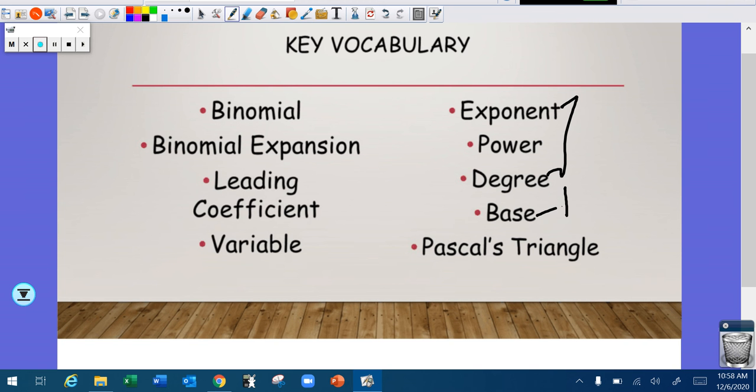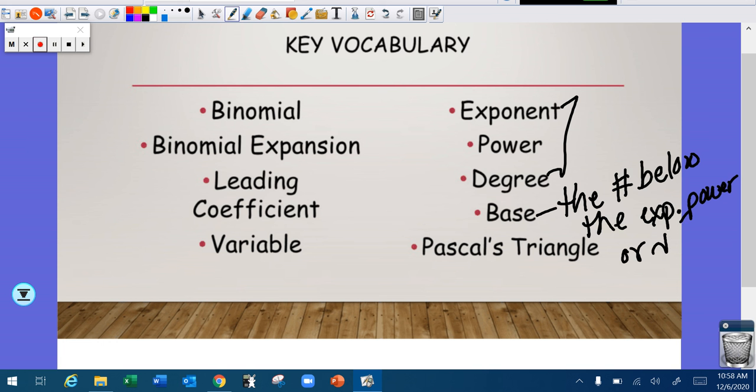The base, we went over in another class. Let me say it this way for you. It's the number below the exponent, power, or degree. They all mean the same thing.